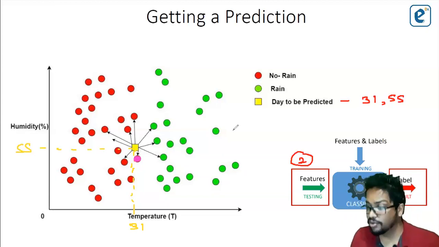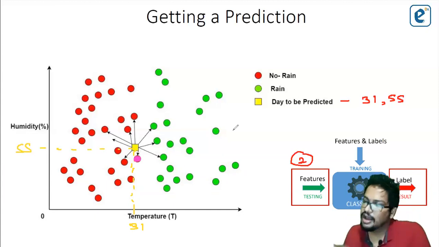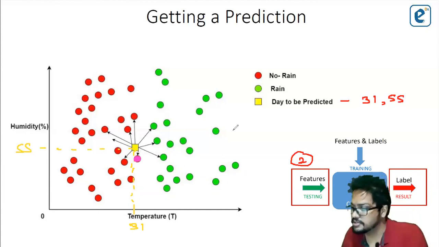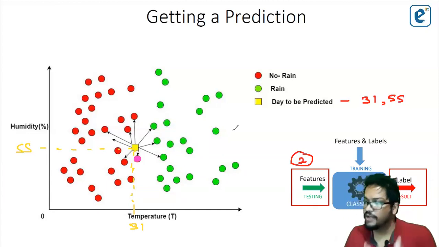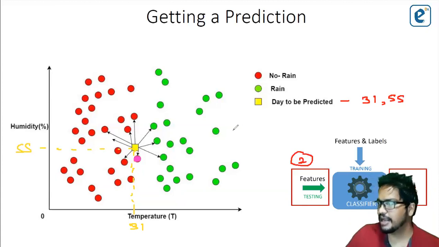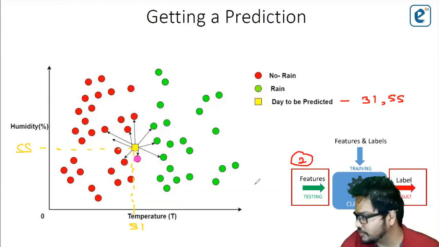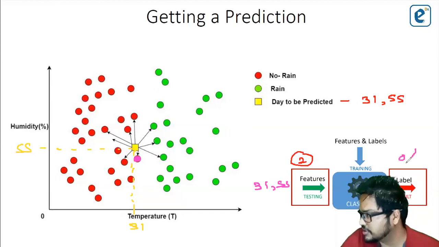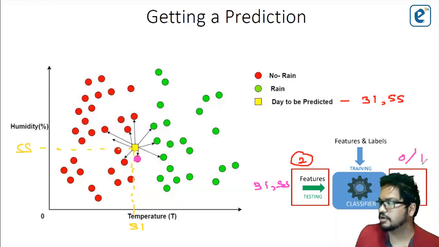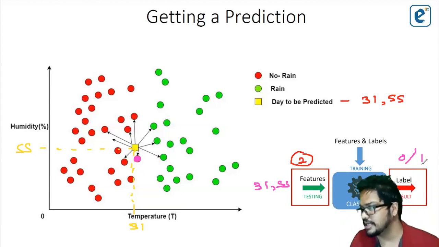So we have to measure the distance to the points for all of the 100 days. That means we have 100 data points. When there is a day to be predicted, like 31 and 55, we want to know whether it's 1 or 0, that means rain or not. We have to measure the distances to all the points in the training data set.